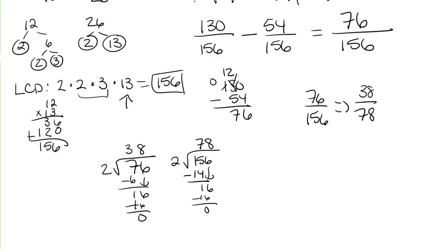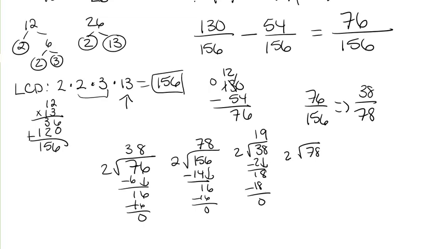Also still an even number, so let's go ahead and divide further. So we have 38 divided by 2. 2 can go into 3 one time. We have 18, so now 2 can go into 18 9 times. So then we have 78.